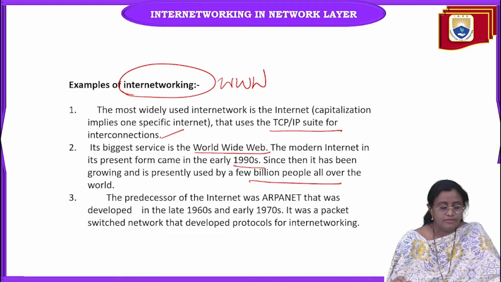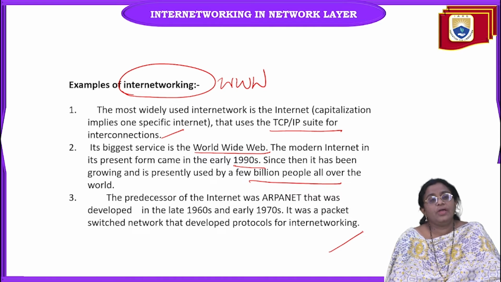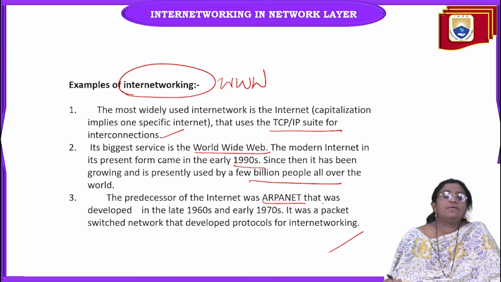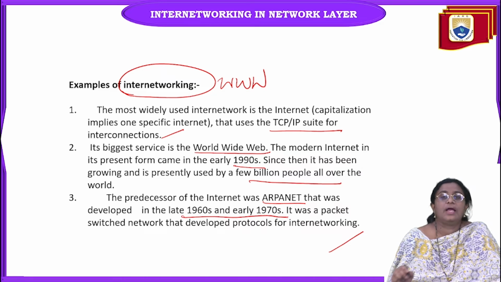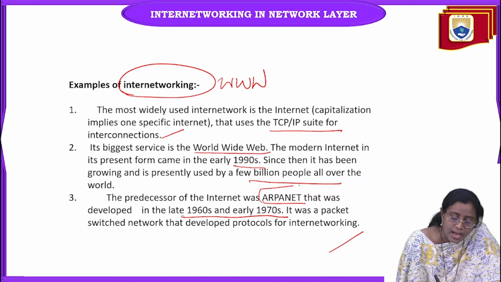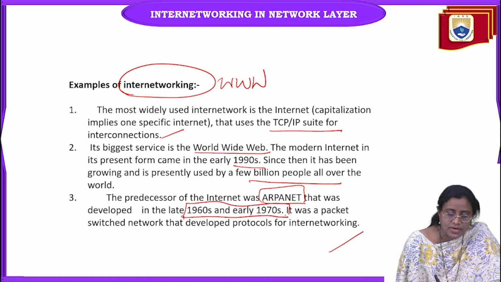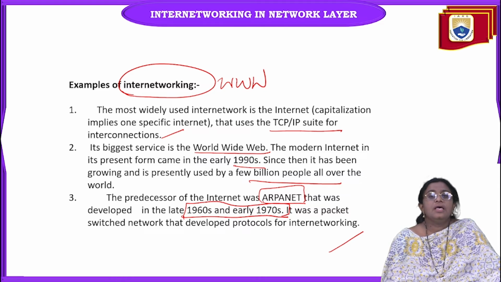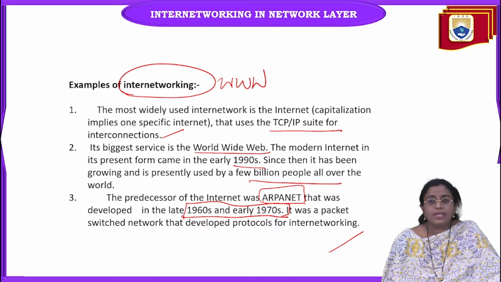The third point is that the predecessor of the internet was the ARPANET, developed in the late 1960s and early 1970s. It was a packet switched network which developed protocols for internetworking.